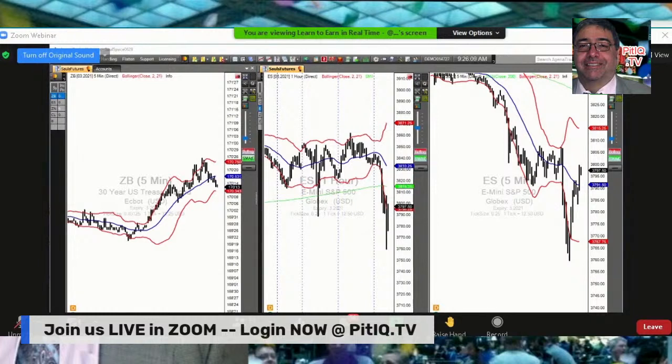So the point is that we don't know what the markets are going to do every day, and we don't know what the market's going to do intraday. We can just trade the opportunities that a market gives us, given the volatility, given the price action. And that's what we do here every day. Sometimes we get more volatility, and sometimes we get less, and sometimes we get a whole bunch of fun, and sometimes it's not so much fun.